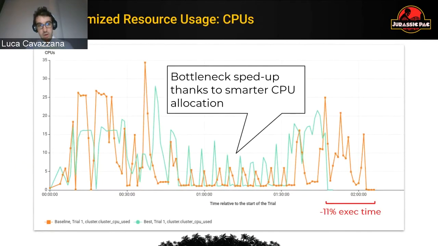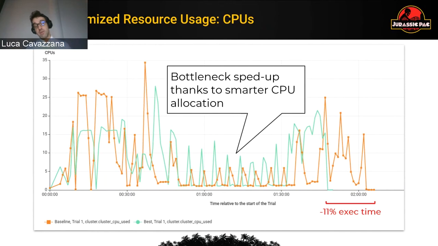As we already said before, in the analyzed data, we were able to identify those stages in the application, as we already highlighted, with a very small level of parallelism where most of the CPUs were idle.